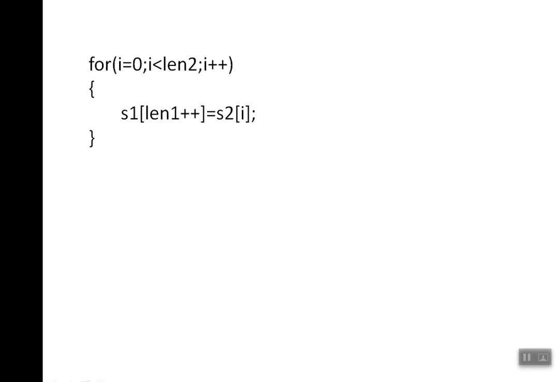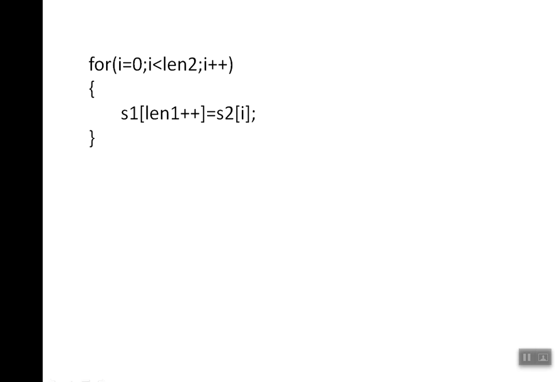So just apply one example, write it, then fill the values at each index, then you will understand. Until then it will confuse you. So S2 we are going to append to S1. In S1 we have the input up to len1 minus 1, so from len1 we are going to start appending.